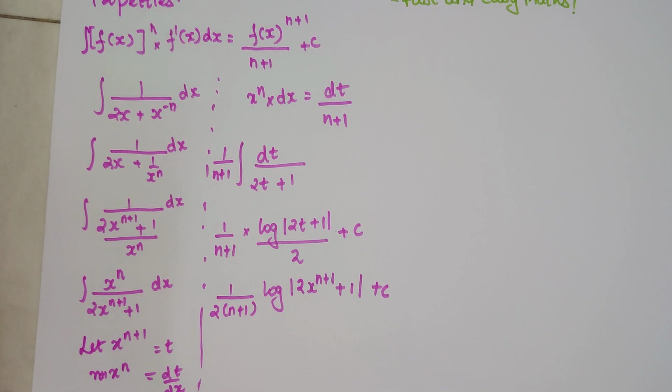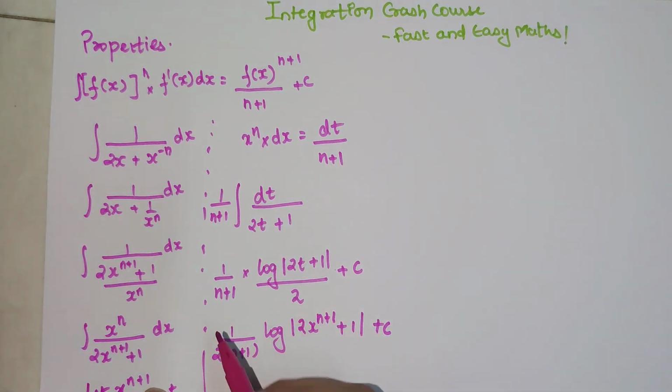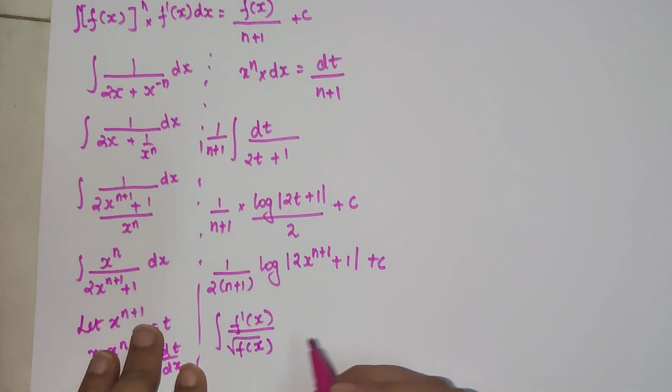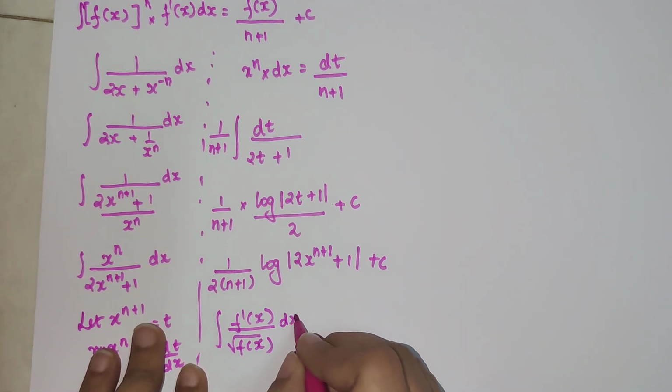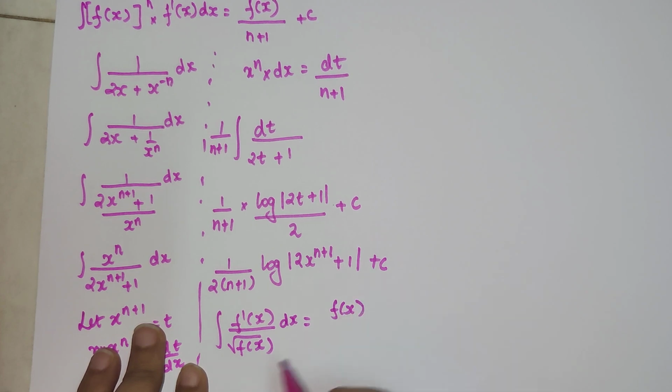Okay, now students, imagine if for this particular formula, instead we had f dash of x upon root of f of x. Okay, so we will apply the same formula actually. So your final answer is what? f of x, your n is what? Minus half in this case.